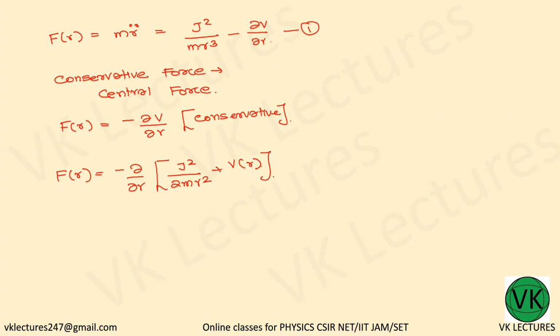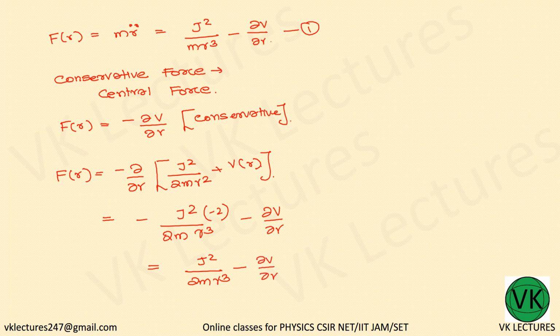So here minus and minus cancel, so if you want you can write it again, that's equal to minus J squared by 2 m r cubed into minus 2, minus dou V by dou r. So 2 gets cancelled, minus and minus becomes positive, J squared by m r cubed minus dou V by dou r.